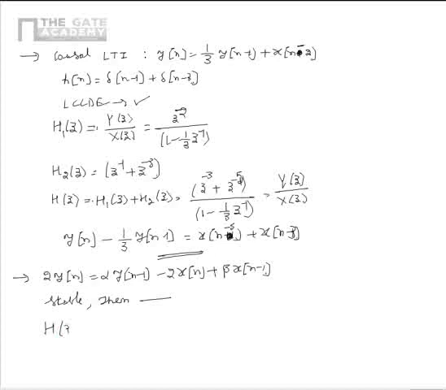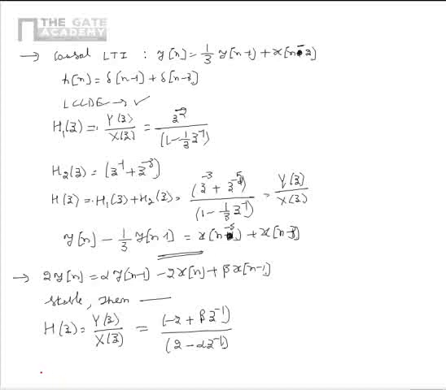Thus, by taking the z transform on both sides, the system function can be written as h of z is equal to y of z by x of z is equal to minus 2 plus beta z inverse divided by 2 minus alpha z inverse.